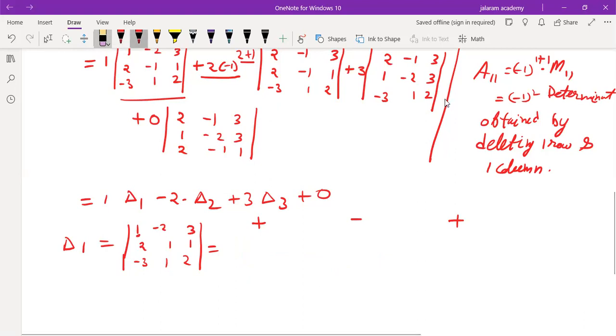If we write the first element of first row, 1, we have to multiply with the determinant obtained by deleting first row, first column, which was correct. Then minus, as we have discussed, plus, minus, plus alternately: first one will be positive, next is negative.